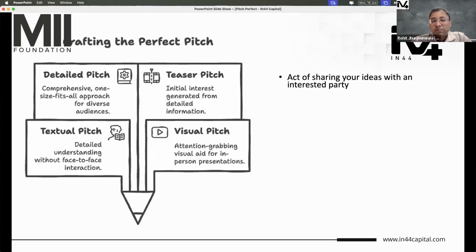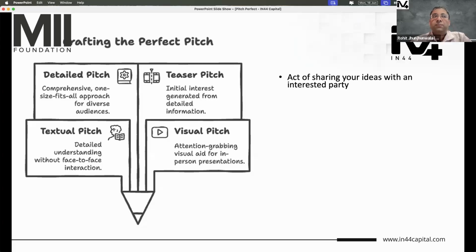A textual pitch is something which is very informative. It has a lot of content, but it is not something that you present face to face. It is something which you share across so that that person can read it on their own level. And a visual pitch is something which has less text in it, which is supposed to be an aid while you are presenting.